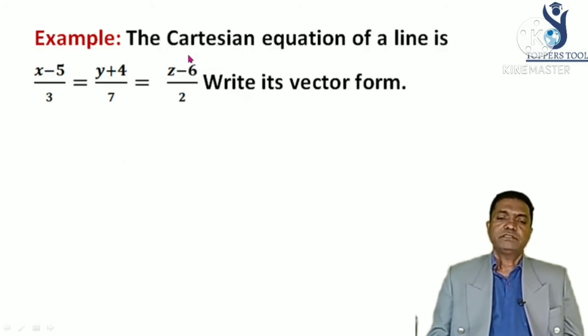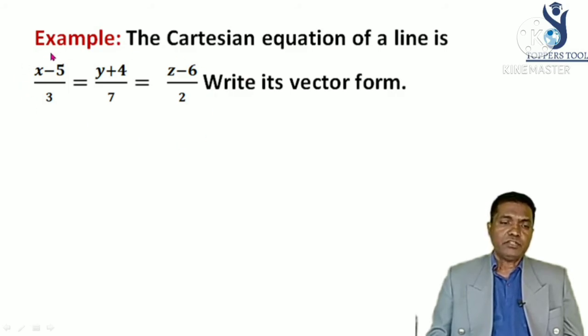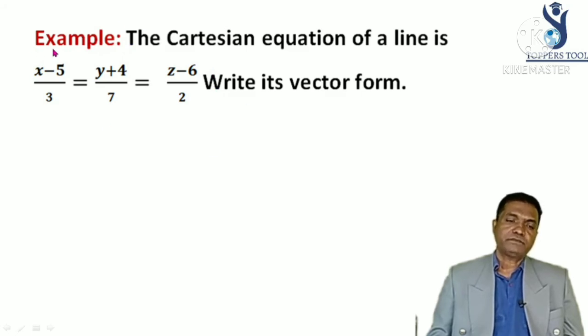Now see here, the Cartesian equation of the line is this. This is your given Cartesian equation. Write its vector form. As I said earlier, looking at this, you are given one line here. Then you are able to immediately tell the point on the line, or the point through which it passes.